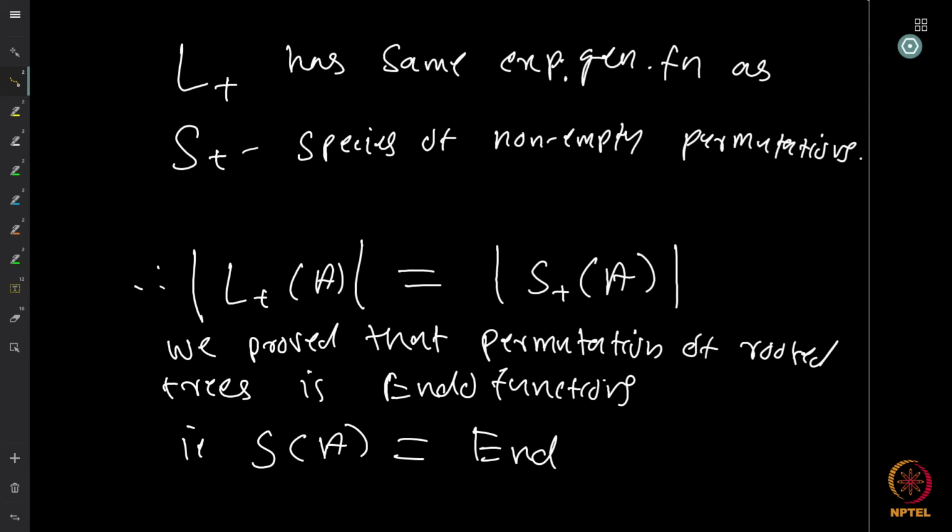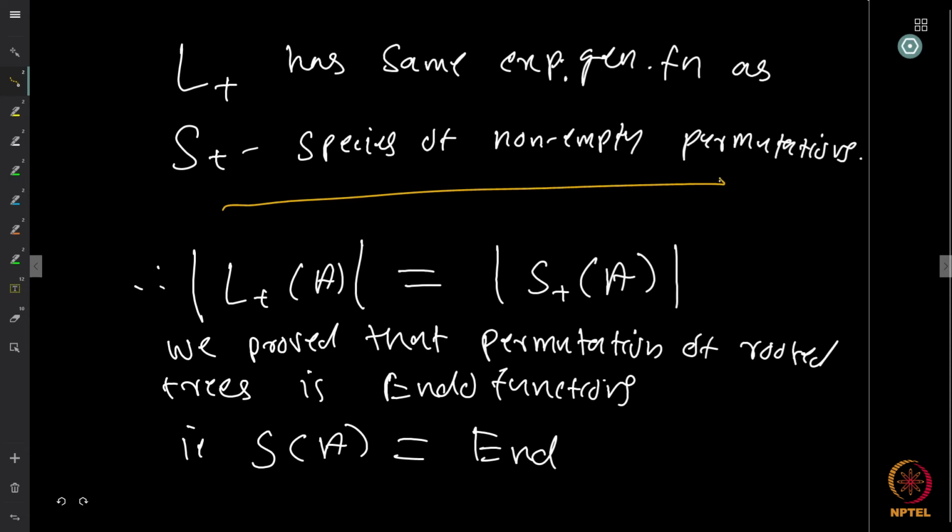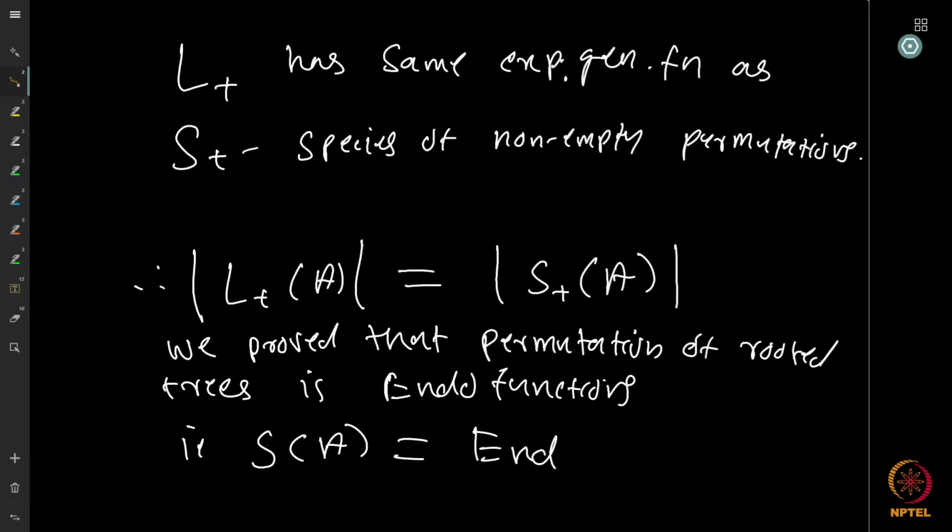The number of linear orders on a set and the number of permutations on a set are the same, n factorial, where n is the cardinality of the set U. So they have the same generating function, which means they are equinumerous. They have the same number, even though they are not the same. There is a one-to-one mapping, a bijection, between them.